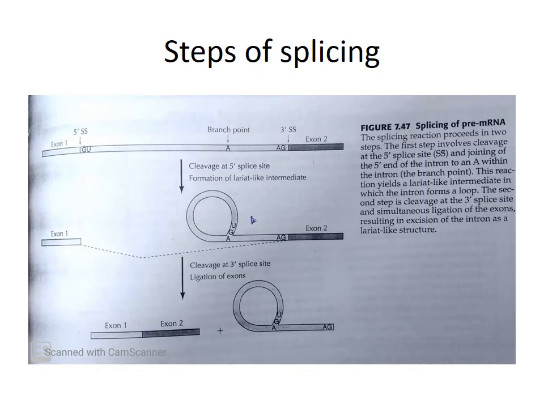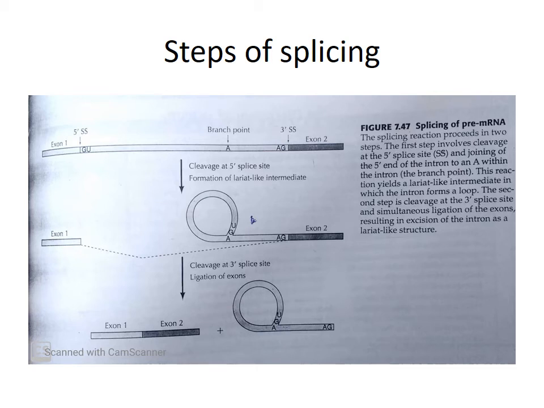When we talk about splicing in detail, we should know that splicing actually takes place in two steps. The first step of splicing is that pre-mRNA is cleaved at the 5' splice site.